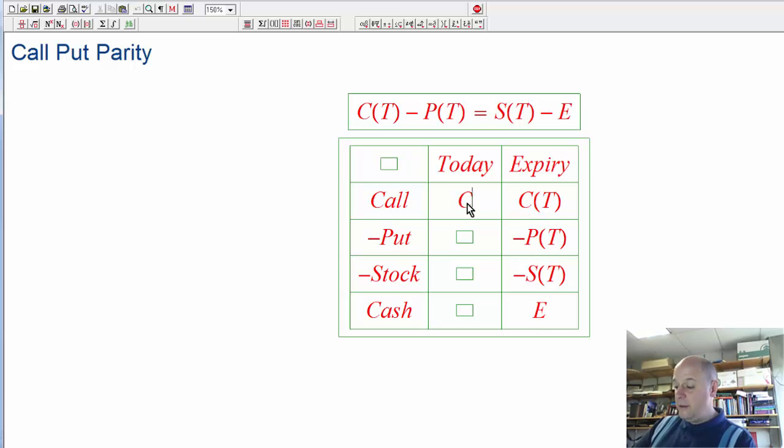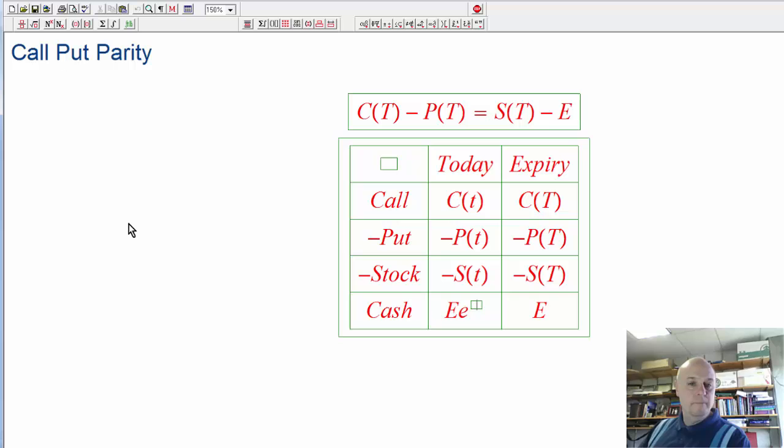So today is sometime before expiry, so I'm using the small t. If I have the call option minus the put option, again different numbers, but they're at today's time, minus the stock and the cash. Oh, I know how much cash this should be worth. If it's worth E at expiry, it's worth less because I'm moving it back in time, so I have to discount it.